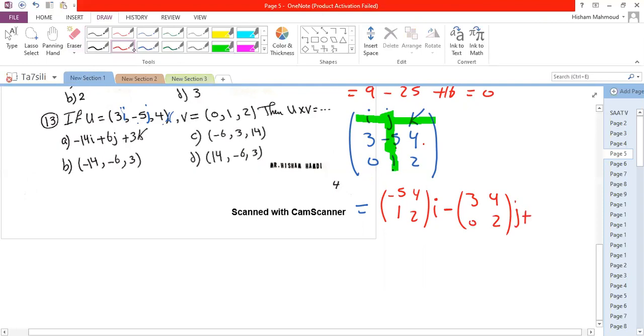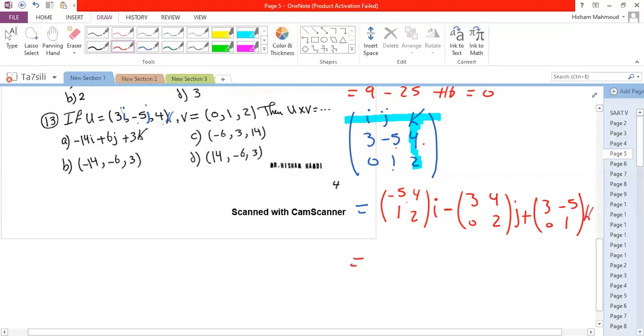Plus, when I'm canceling the third, the remaining matrix is 3, negative 5, 0, and 1 in the k direction.